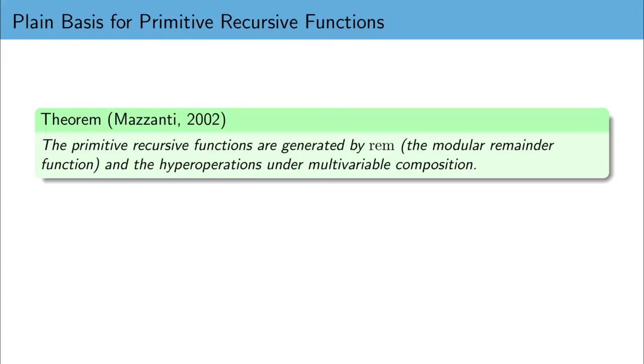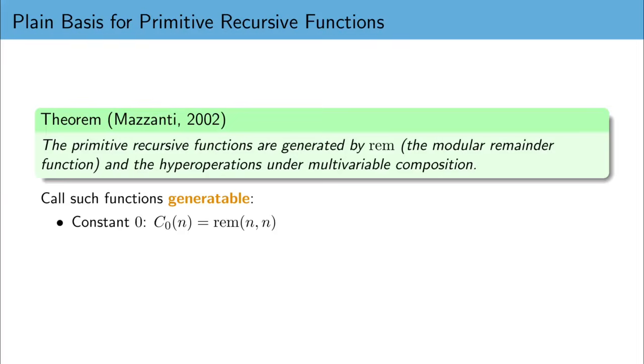We're just writing an expression involving rem and the hyperoperations. To present this proof, I'll call a function generatable if it can be written in such a way, if it can be written as a composition, as an expression just involving rem and the hyperoperations. And eventually we'll prove that every primitive recursive function is generatable.